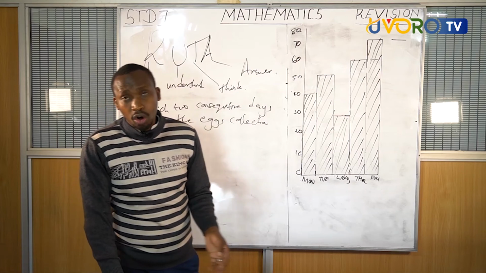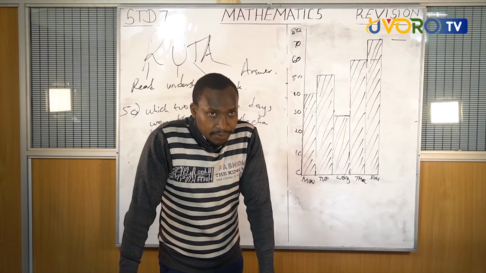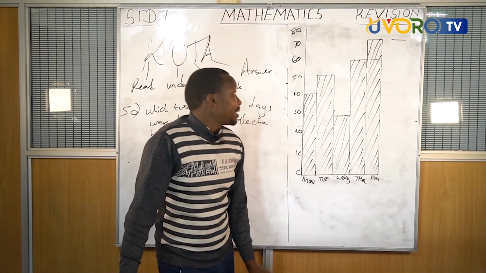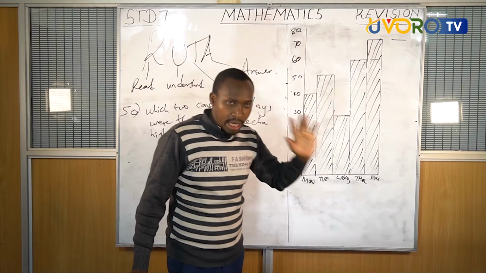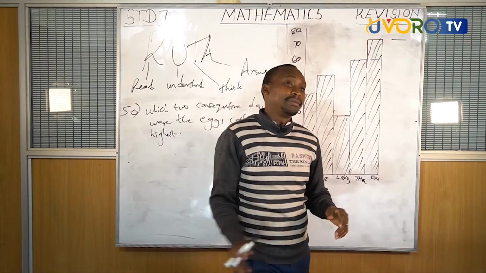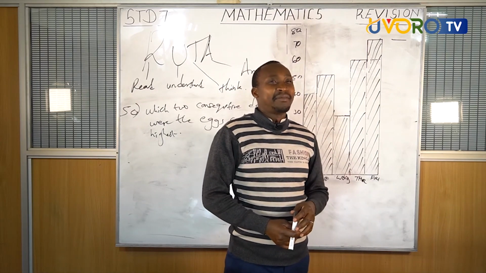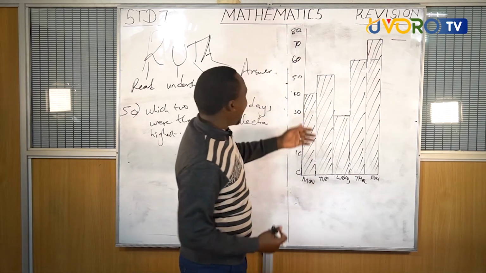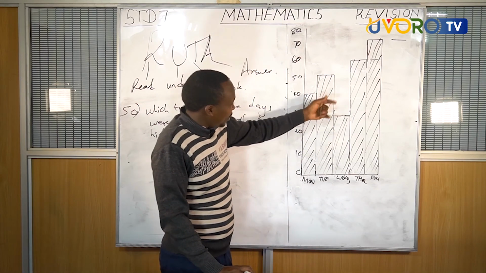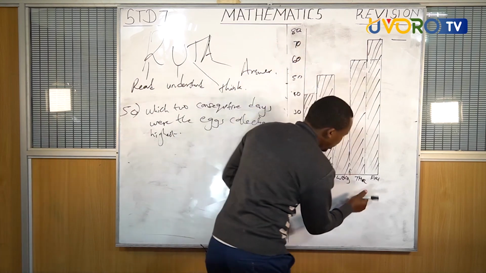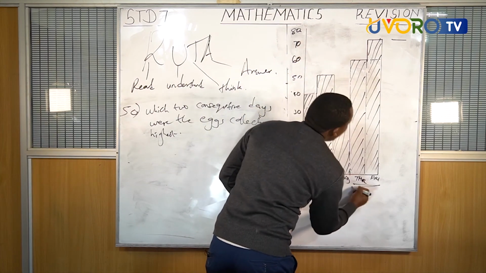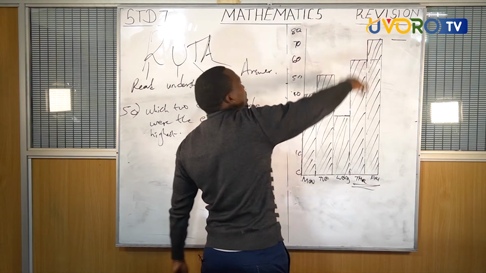That is what we call consecutive. Now, somebody tell me which 2 consecutive days did they collect the highest? Very good. A clap to that person who has just answered. That is Thursday and Friday, consecutive days. They were the highest. You can see.